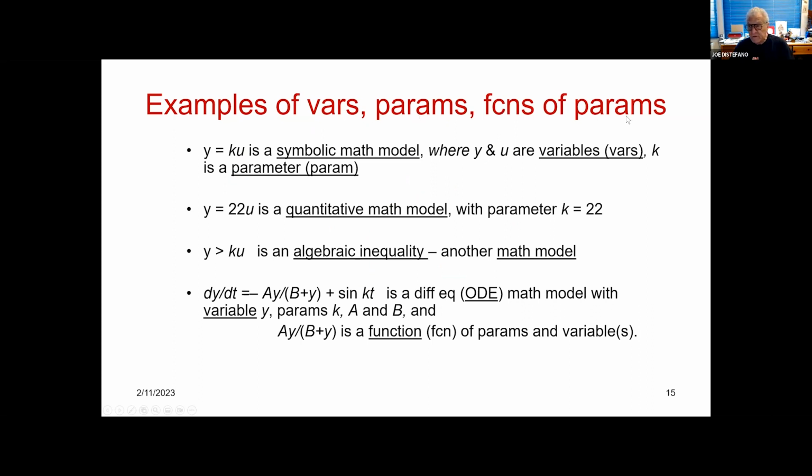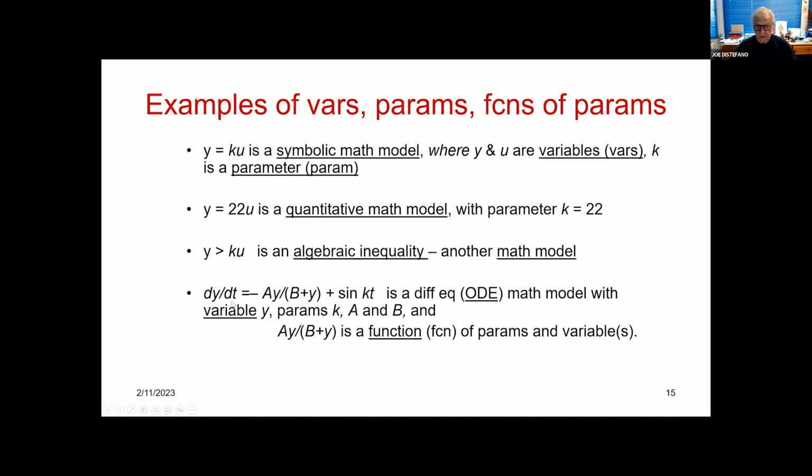This is something that really trips up most students, making the distinction. So here are some examples. y equals ku, a symbolic math model. y and u are variables, k is a parameter. In my world, parameters are all constant and they're all non-negative. y equals 22u is a quantitative math model. y greater than ku, an algebraic inequality, another math model.